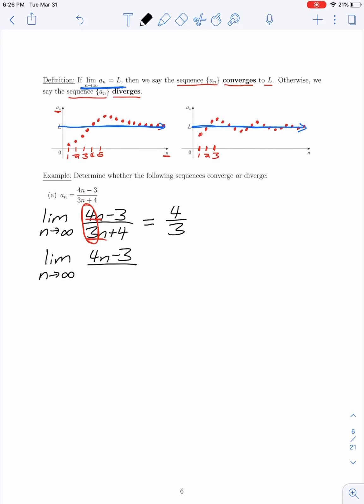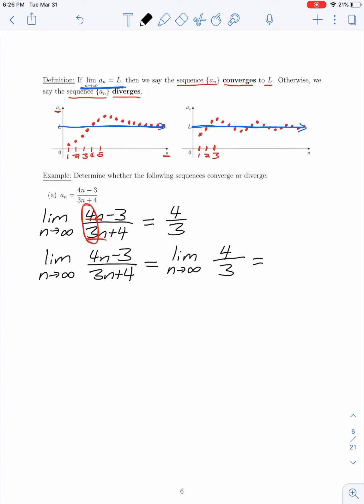Now, another way that we could maybe think about evaluating this limit would be by considering L'Hopital's rule. If n is becoming infinitely large, then both our numerator and denominator are approaching infinity. We have an indeterminate form or indeterminate limit of the form infinity over infinity. So if we were to apply L'Hopital's rule, that says we would look at the limit of the ratio of the derivatives of the numerator and denominator.